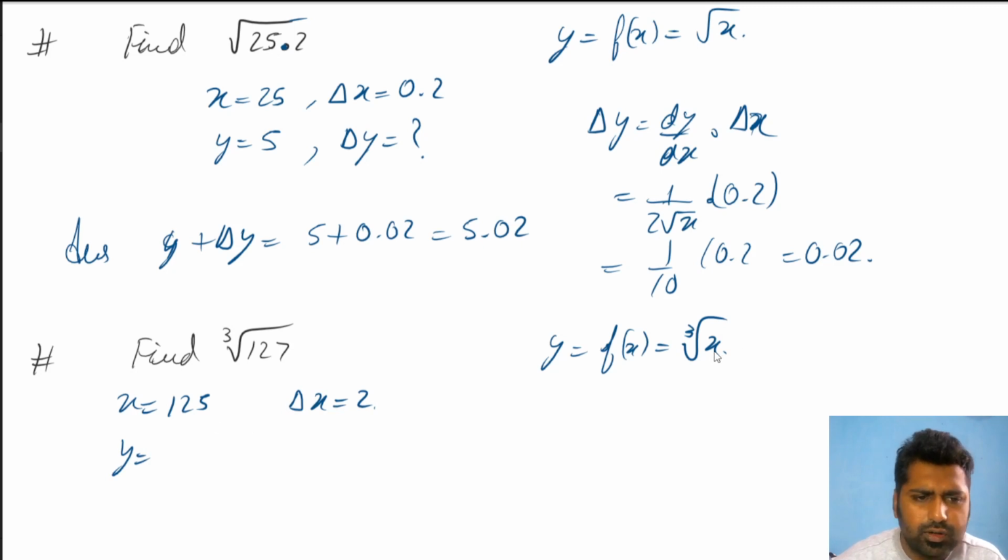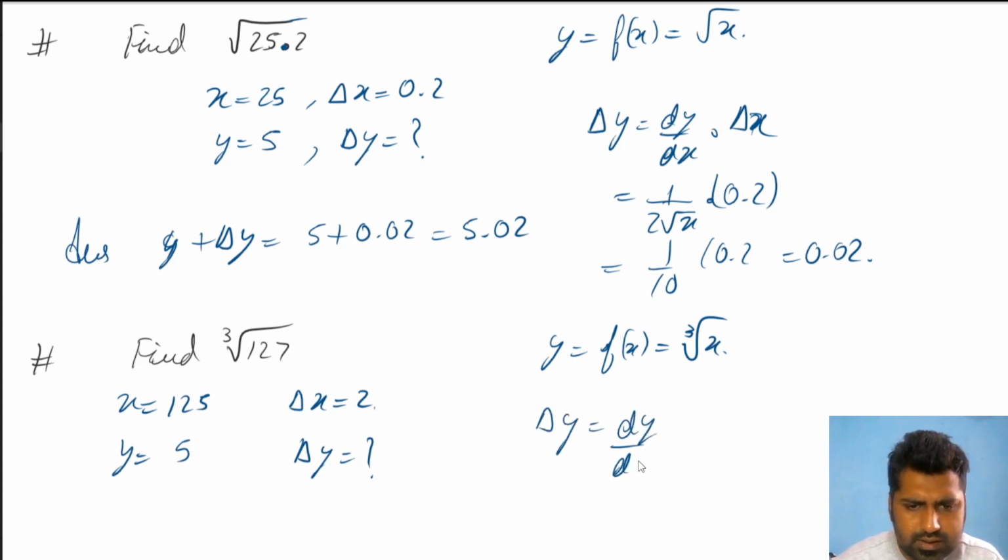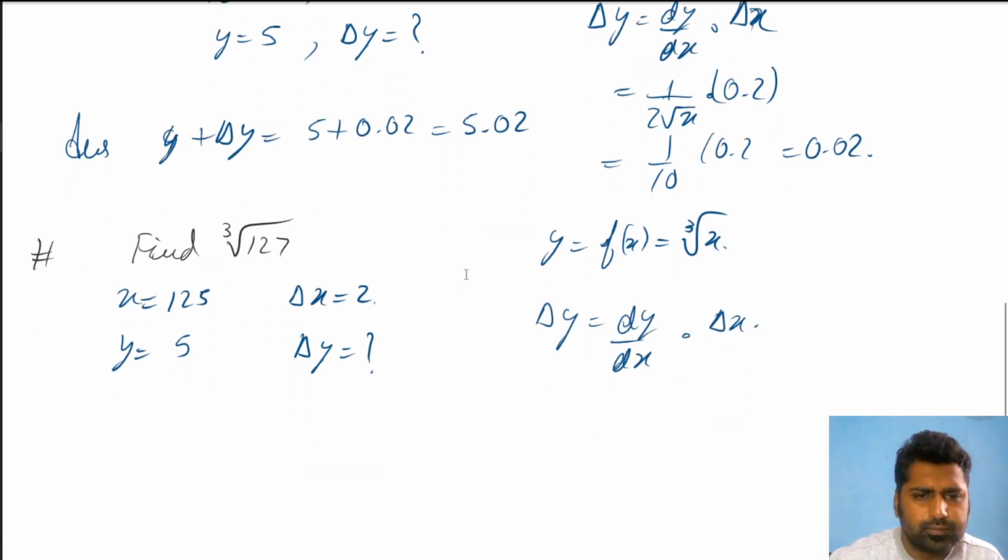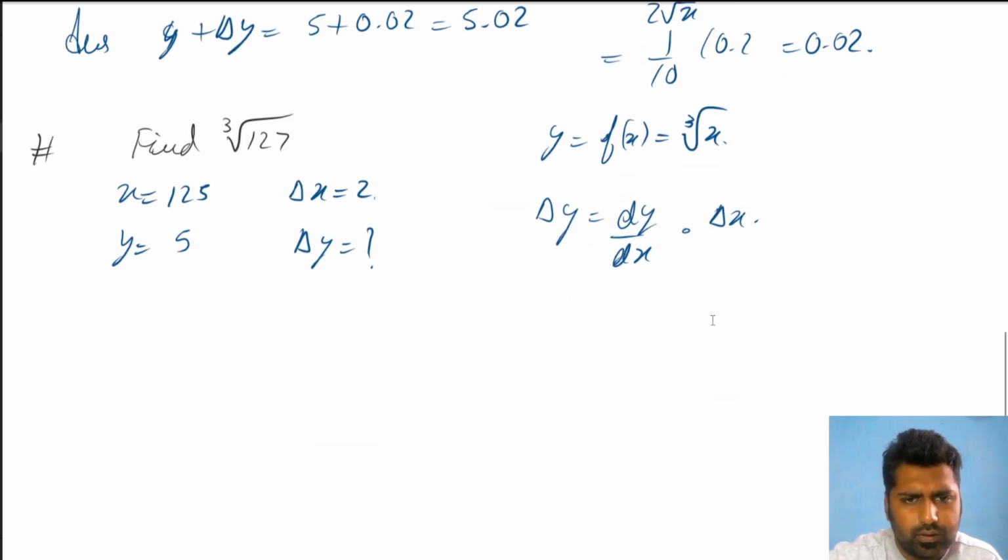What is cube root of 125? 5. And delta y, for that you will use the same formula. Delta y is equal to dy by dx into delta x. Dy by dx is, differentiate this, 1 by 3 x raised to power minus 2 by 3. 1 by 3 minus 1, no?